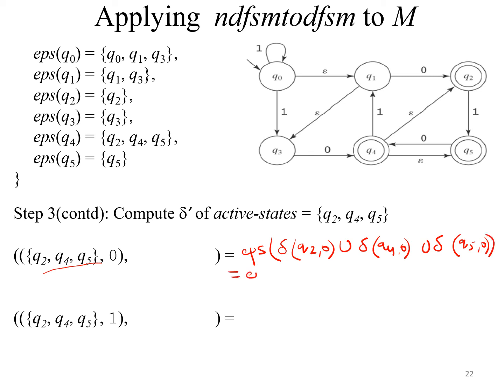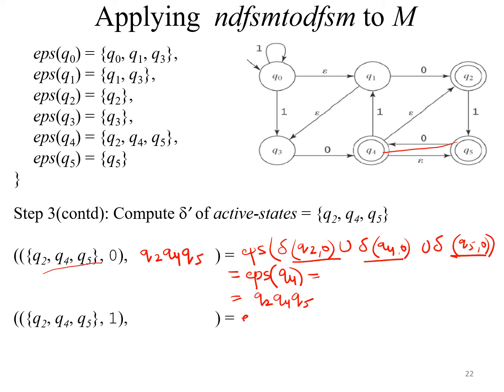Q2, 0 and Q4, 0 have no transitions. Q5, 0 goes to Q4. So EPS of Q4 is Q2, Q4, Q5. That is, Q2, Q4, Q5 on 0 takes a self loop.